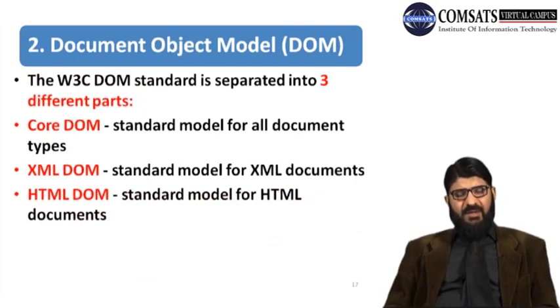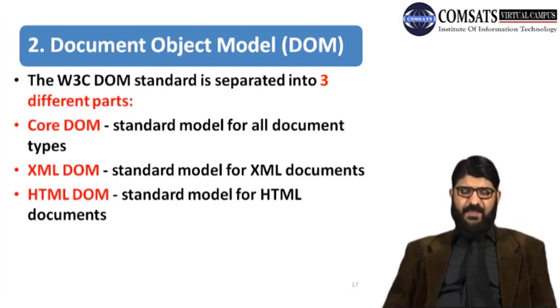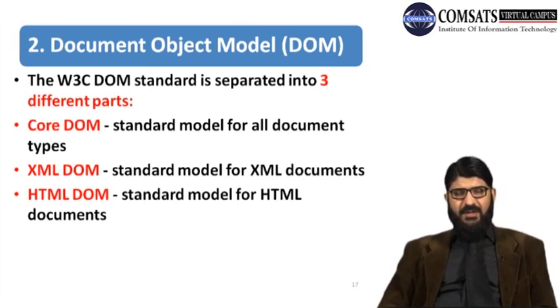The W3C DOM is basically a standard, which is divided into three different parts. The first part of W3C DOM is Core DOM. The Core DOM is a standard model for all types of documents. The second category is XML DOM.